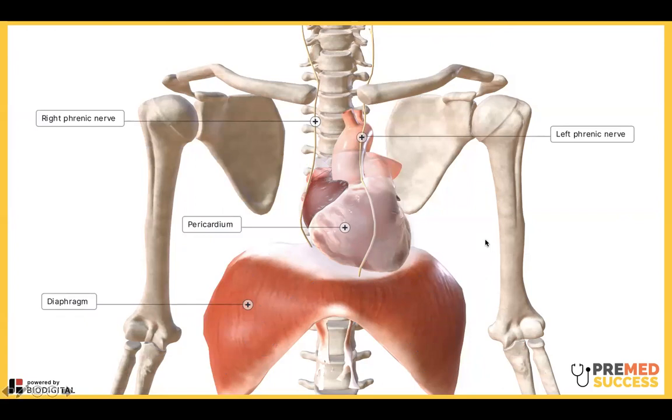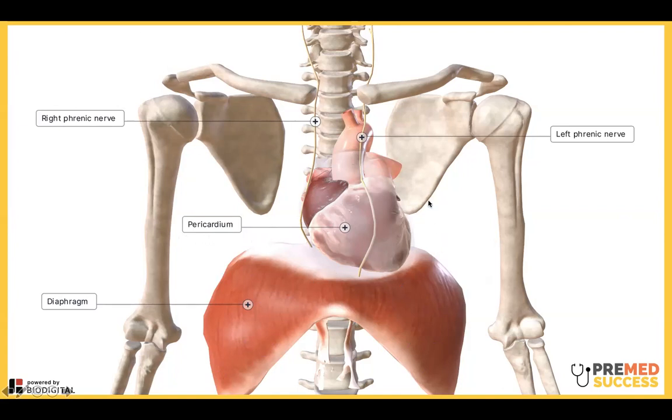And you'll notice that the heart here is sitting in a pericardial sac. Peri from the Greek meaning next to, as in perimeter, and cardium obviously meaning heart, like a cardiac arrest. You think it's to do with the heart. So the pericardium literally means next to the heart.